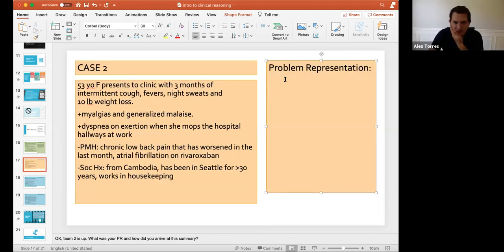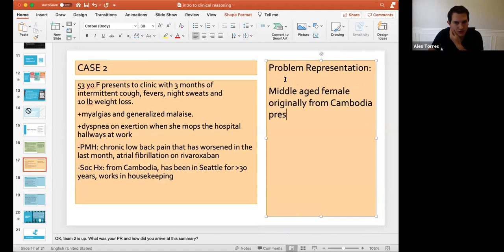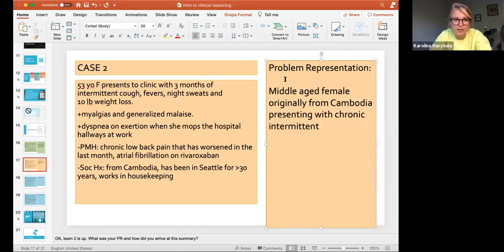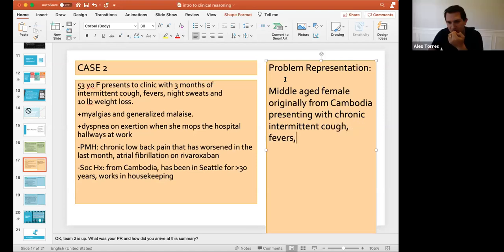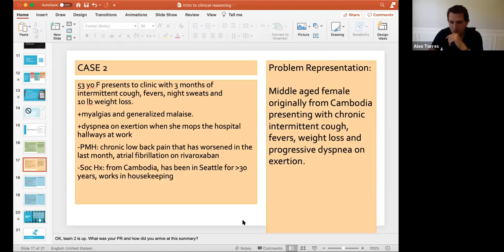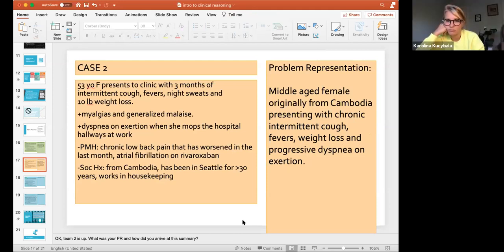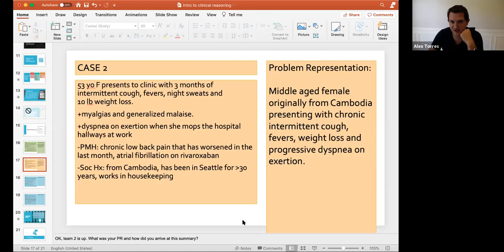So I think we said middle-aged female, originally from Cambodia, presenting with chronic intermittent cough, fevers, weight loss, and progressive dyspnea on exertion. We were trying to think about whether there was a benefit to grouping some of those first few symptoms together, for example as B symptoms.